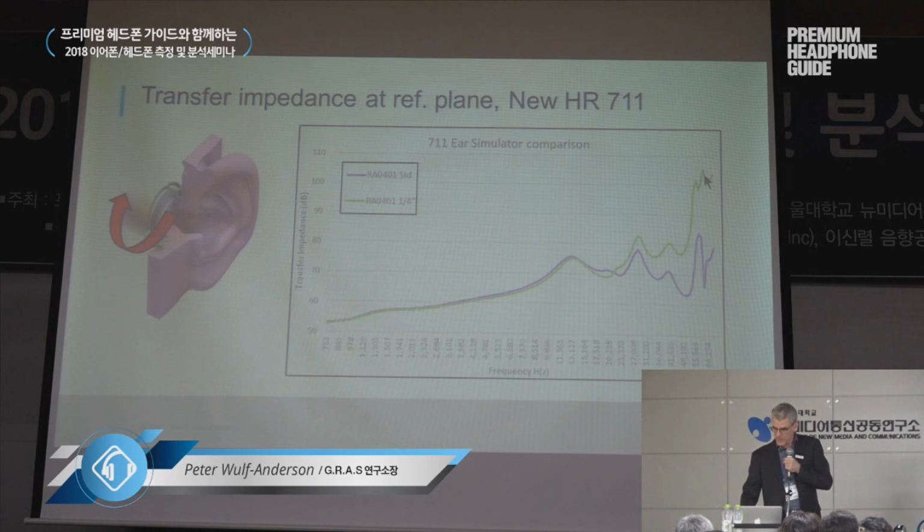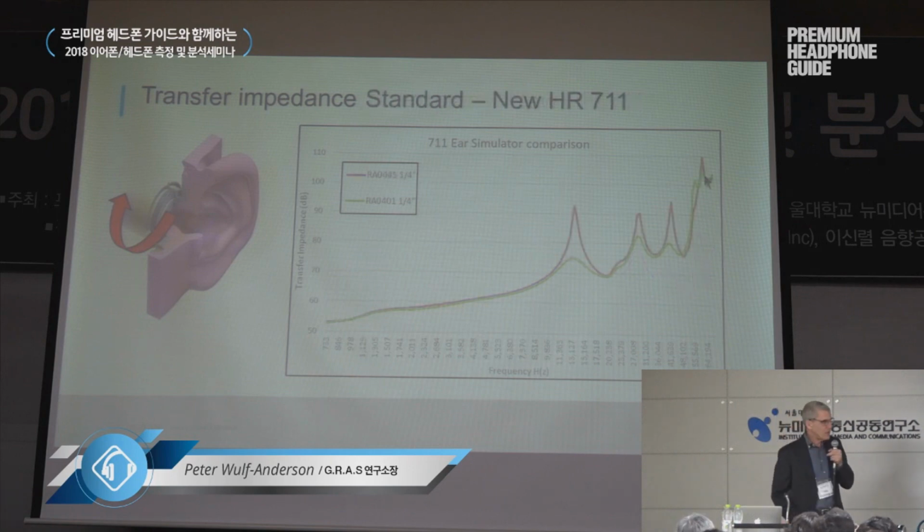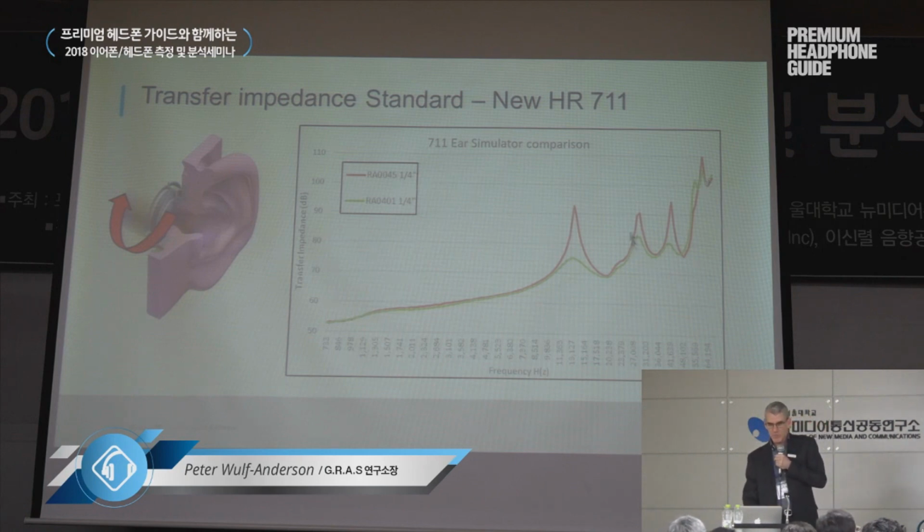The last curve I will show you shows the difference between the two ear couplers using quarter-inch microphones. So the red curve here with the 13 kilohertz resonance, and again double frequency resonance and so on, is the old standard coupler, and the green curve shows the dampened resonance coupler, the high resolution coupler.